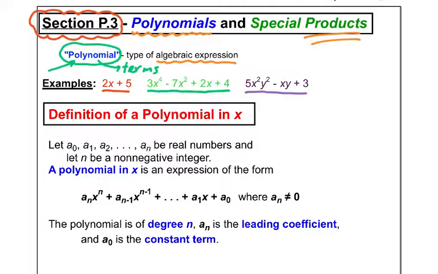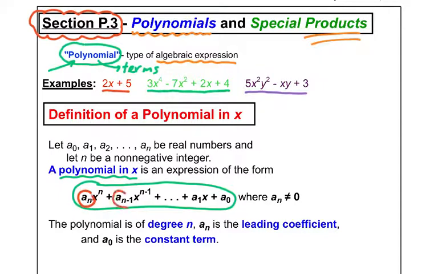Now, don't let this expression here scare you, but it's basically just saying that every polynomial that we're going to see in terms of the variable x is made up of, generally, a number in the front. And these are all real numbers.